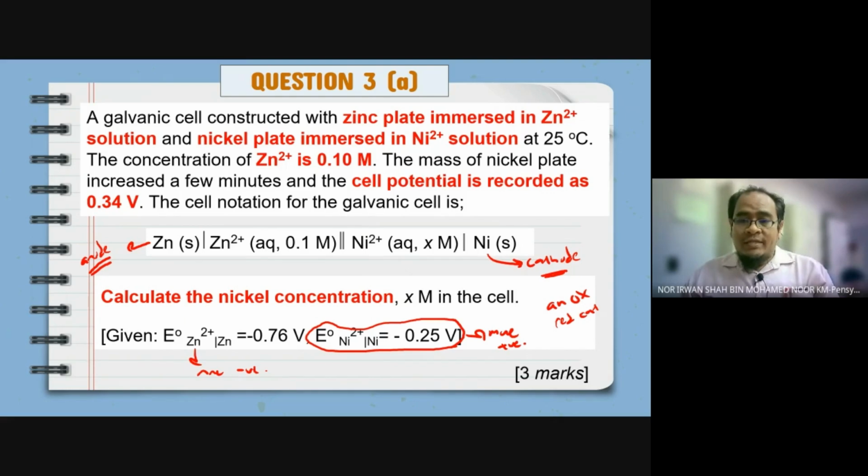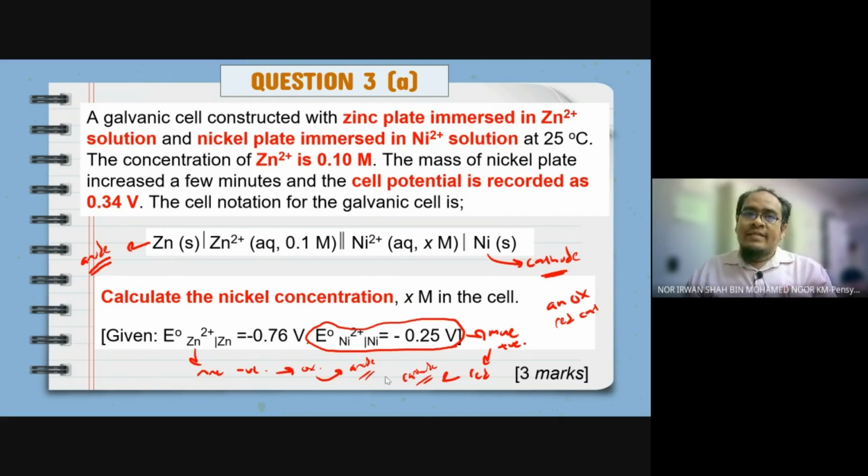So that's why in this case, the value of SRP of nickel adalah more positif than zinc. So more positif means dia akan cenderung untuk berlaku reduction dan reduction berlaku di cathode. Dan dekat sini more negative means dia akan cenderung untuk berlaku oxidation dan oxidation always berlaku pada anode.